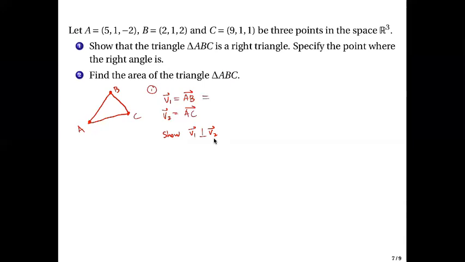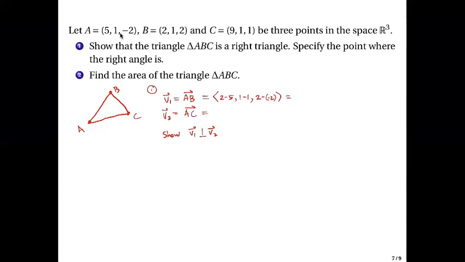So this is our first trial. Vector AB will be B minus A. We will have 2 minus 5, comma, 1 minus 1, comma, 2 minus negative 2.